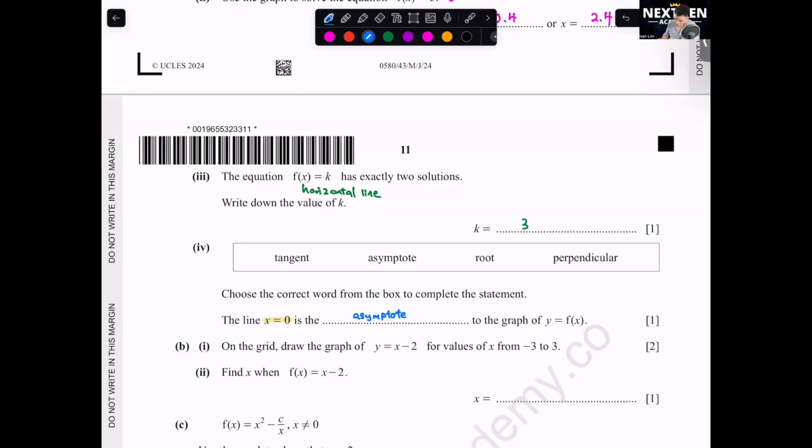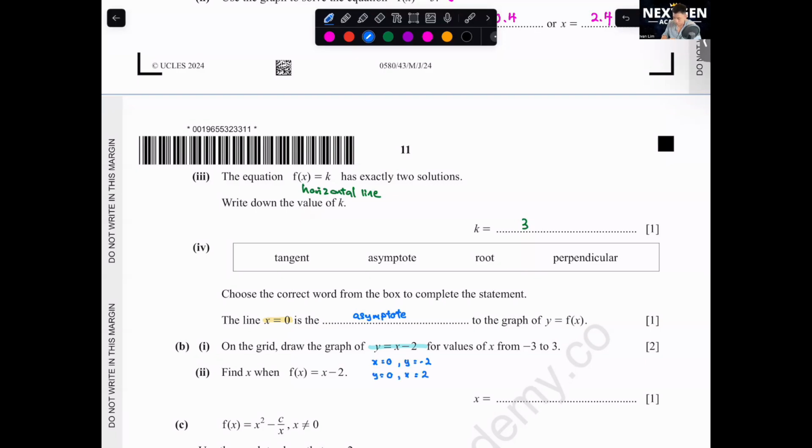Okay, the next one. On the grid, draw the graph of y equals x minus 2 from -3 to 3. Okay, normally when we draw a straight line, we just need any 2 points. Okay, what I will do over here, let's find our x-intercept and y-intercept. Okay, when my x equals 0, y equals -2. Okay, when my y equals 0, x equals +2.